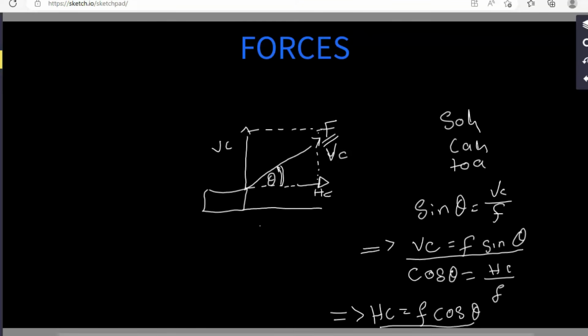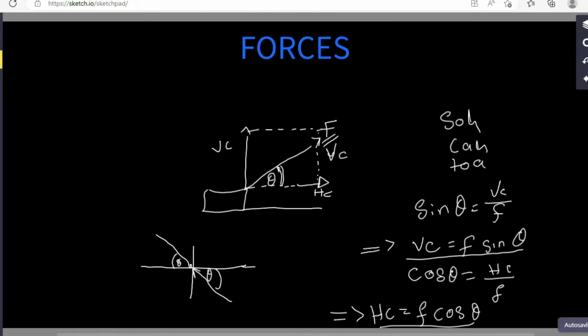Meaning, if you have a force being applied, you need to use this angle. If you have a force being applied in this direction, you need to use this angle, because this is the angle that the force makes with the horizontal.